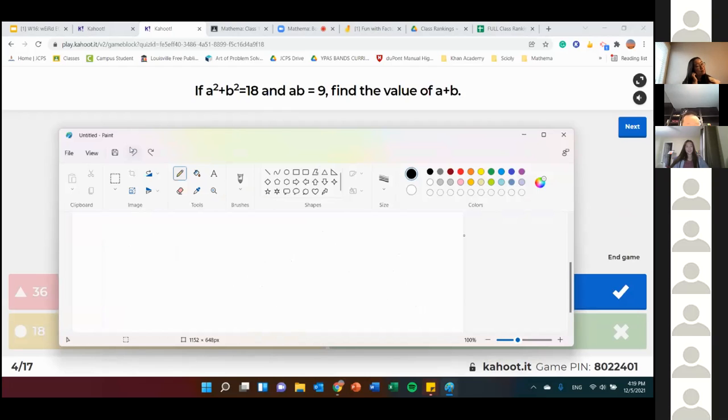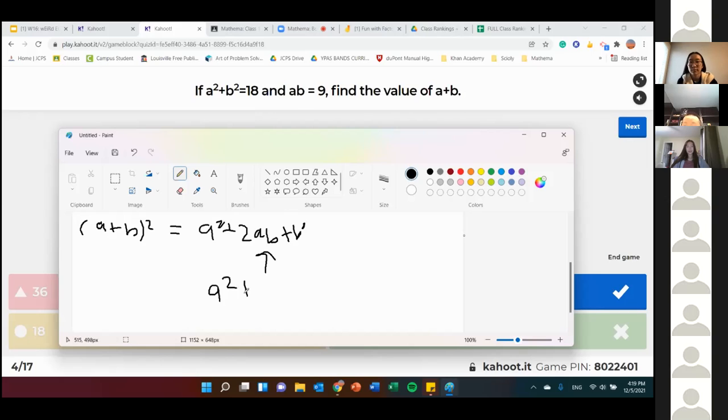Anyways, so this one, I think you are all capable, but like I said, this might be a little too hard to do in 30 seconds. But anyways, I'm going to use the one that's (a plus b) squared equals a squared plus 2ab plus b squared. So it says that a times b is 9, so I can put that in there.